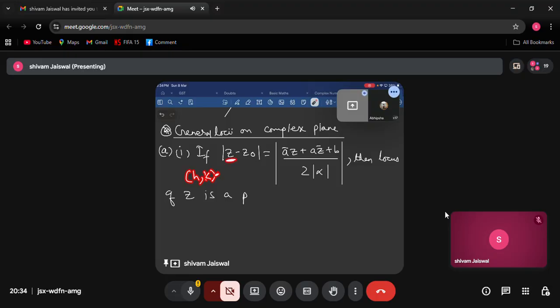What is given? Distance from a fixed point is equal to distance from a straight line. So what kind of figure does it represent? It's a parabola.